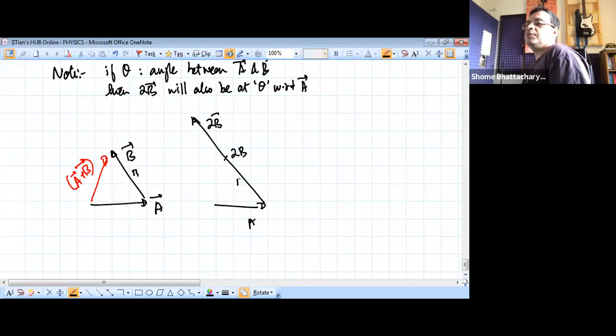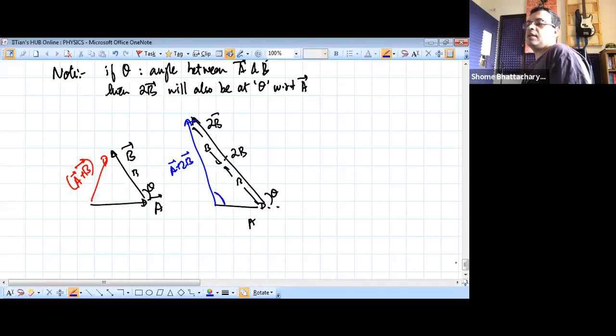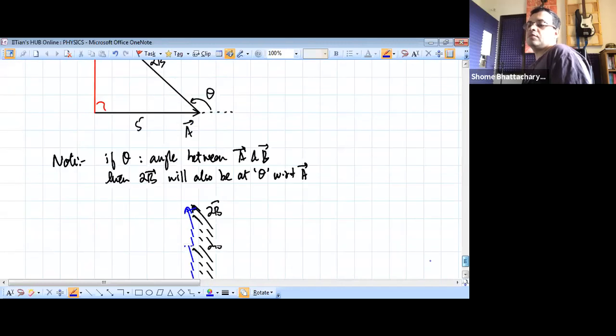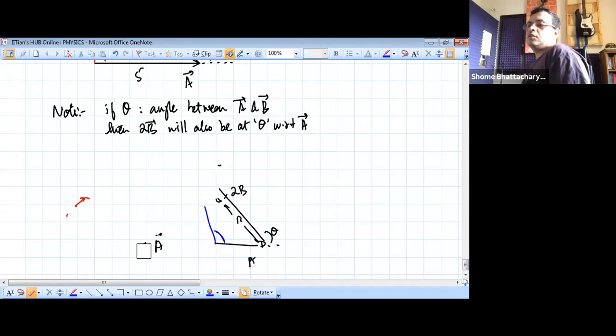This is of magnitude B. So it's B plus B. But whatever this angle was, यहाँ पे ये angle भी तो same रहेगा ना. And A plus 2B will become this vector now. Something like this. But in this particular case, this angle has to be 90 degrees. So the triangle has to be like I've drawn above. It has to be of this type. So that's the idea. Understood? So this is a concept we are using.